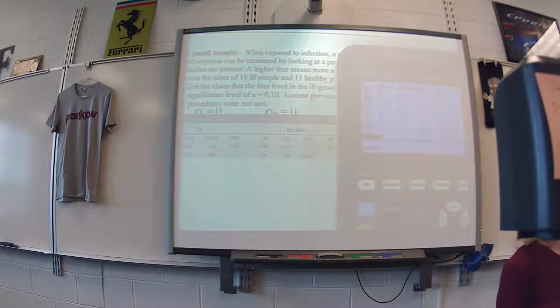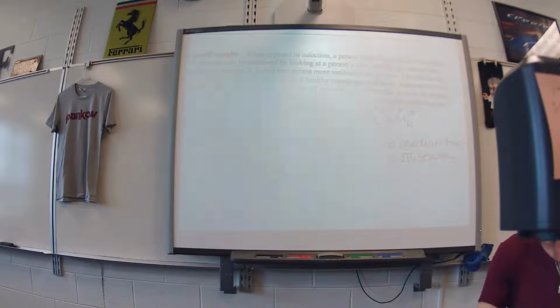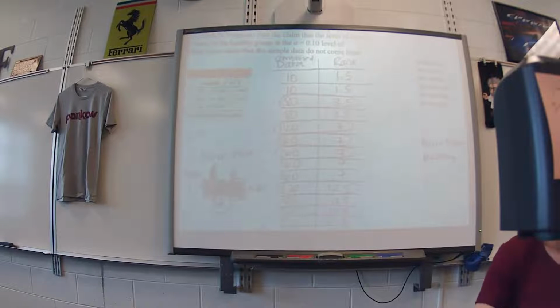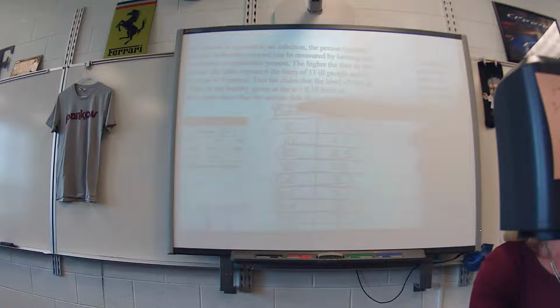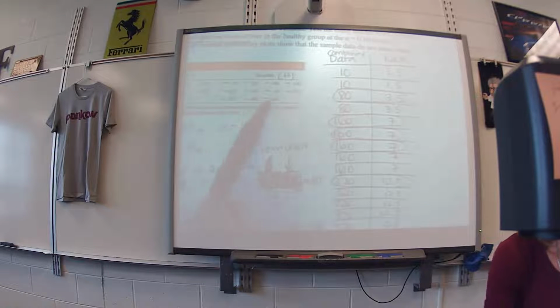Okay, so there are different ways that you can rank these. It's not like it's hard to rank, but this is just one way to do it. If you look at my work on my paper, it's really messy. But when I do it by hand, I literally combine data. I have all the numbers. I literally went through here and you can see the little dash marks.